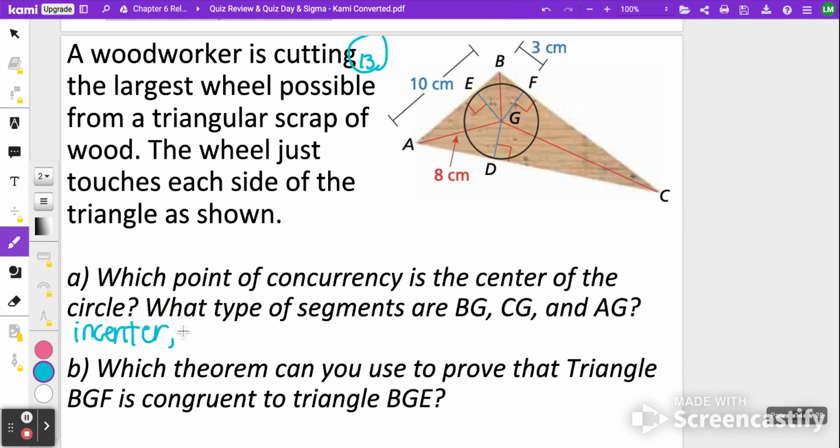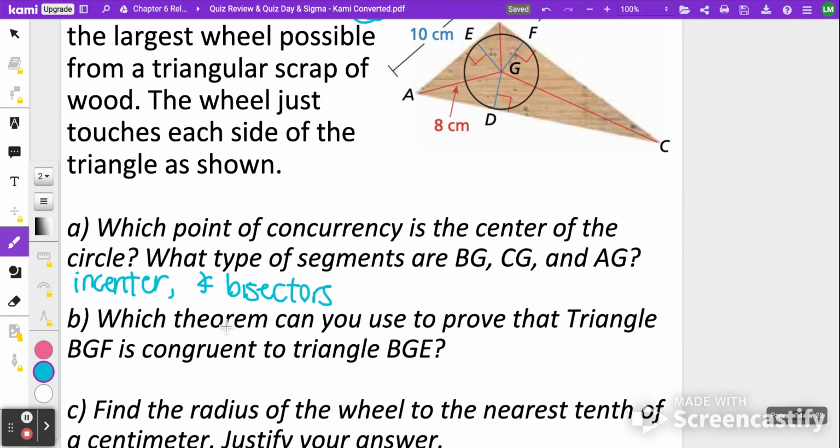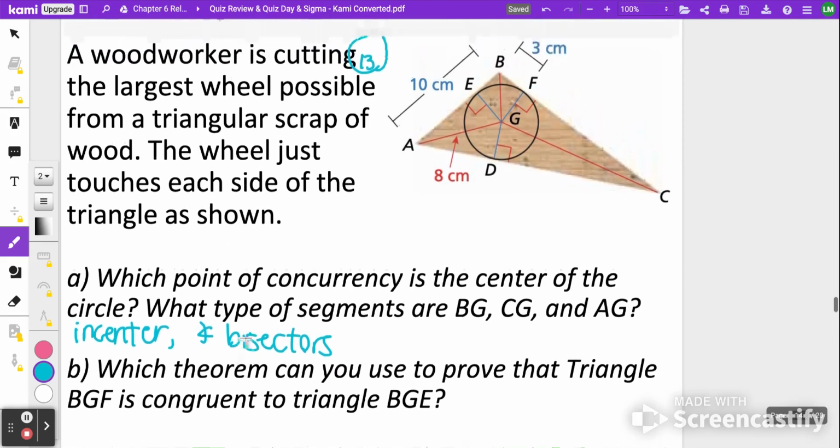What type of segments are BG, CG, and AG? Those look like angle bisectors. So they're bisecting angle A, angle B, angle C. Which theorem can you use to prove that triangle BGF is congruent to BGE?